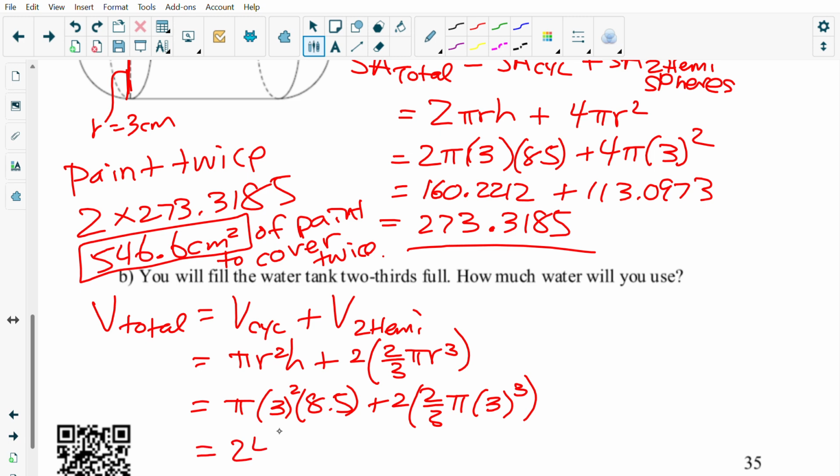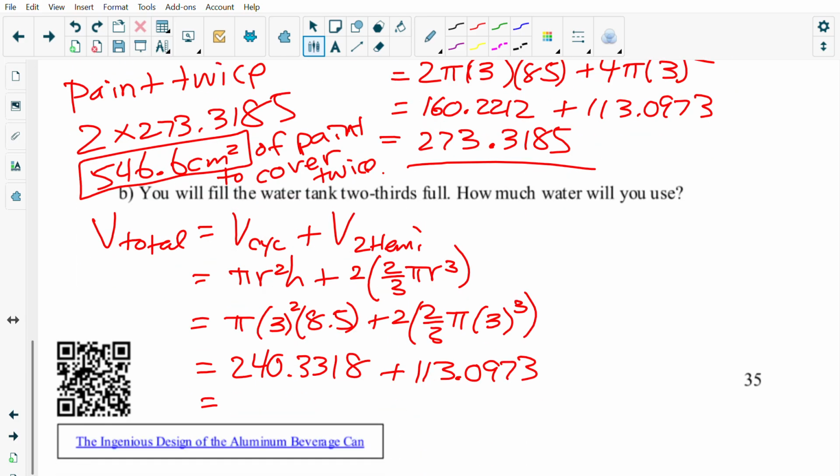Okay, and then I end up getting 240.3318 plus 113.0973, and I get 353.4291.